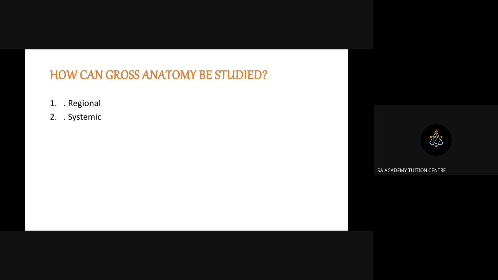How can gross anatomy be studied? Since today we're talking about gross anatomy, this is what we're talking about. How can gross anatomy be studied? Specifically, two ways, which can be regional or systemic. You can use the regional approach, and in this approach, each region of the body is studied separately, and all the aspects of that region are studied at the same time.